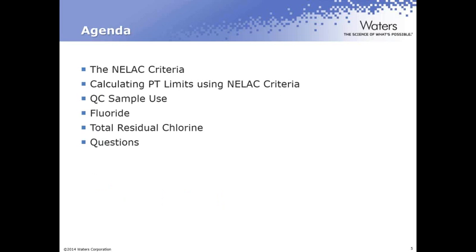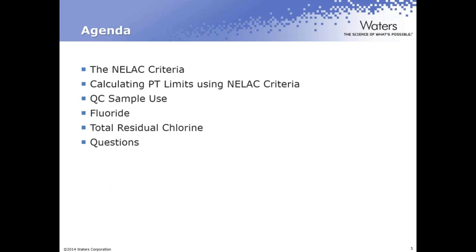So as you can see, we've got an agenda signed up for you already today. We're going to discuss the NELAC criteria, the PT limits for both total residual chlorine and fluoride. We're going to show you how to calculate your limits using that NELAC criteria and to be able to use that information for your benefit while you're running your PT samples. We'll talk a little bit about QC sample use and how that can help you with your everyday analyses.